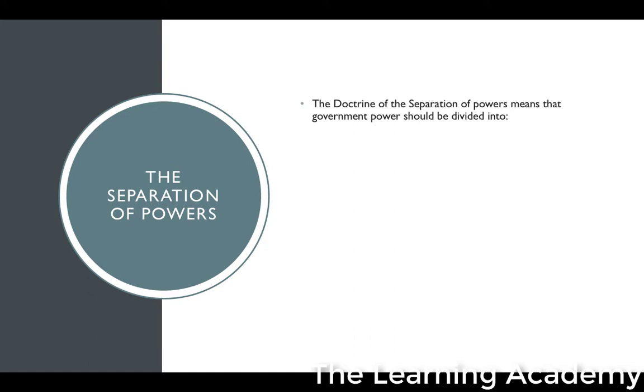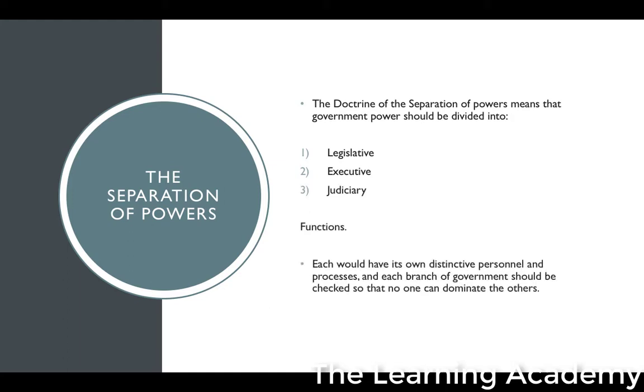The doctrine of the separation of powers basically just means that government should be divided across different branches. This is most commonly seen as three branches: the legislative, the executive, and the judiciary. Each would have its own distinctive personnel and process, and each branch of government should be checked by the other two so that no one dominates the others.